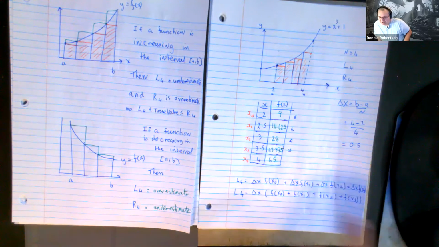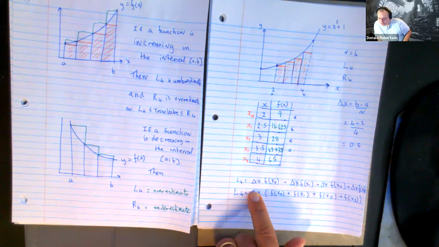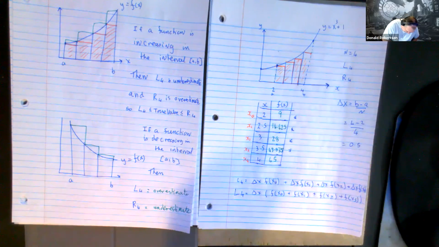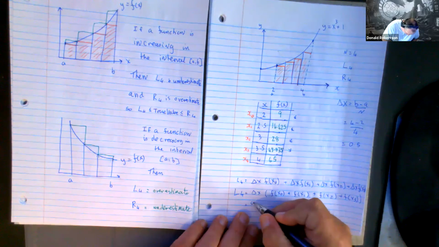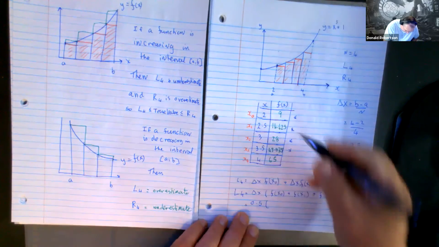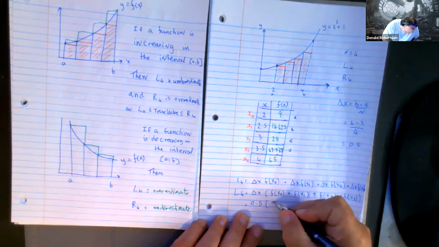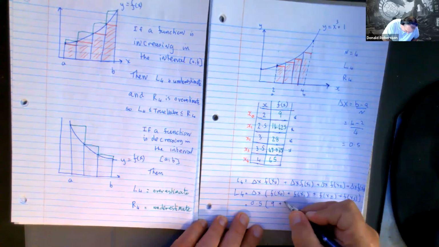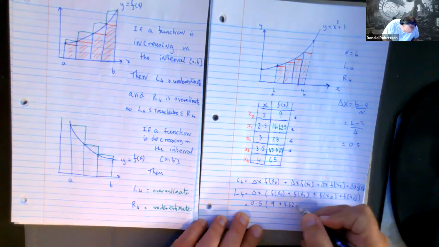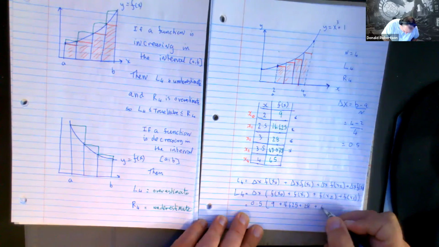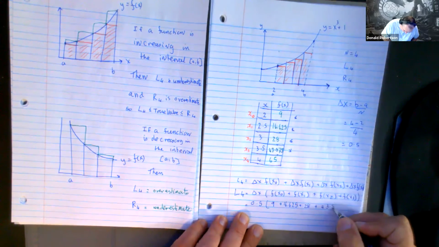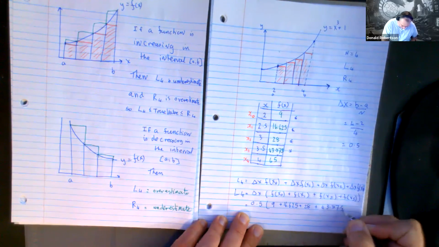And if delta x changes value or the function is different, can you see that you could go through this and recalculate it? In this case, delta x is 0.5, and we're going to use those 4 numbers. So that's 9, 16.625, 28, and 43.875.